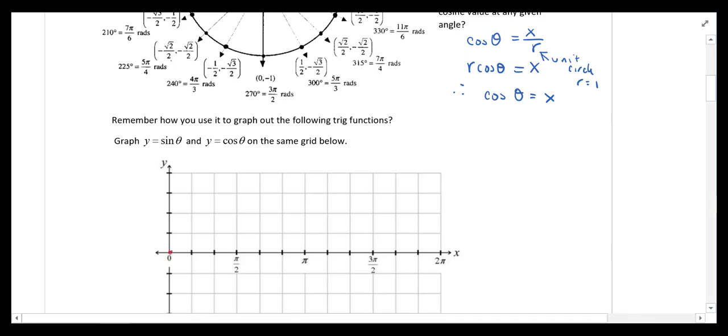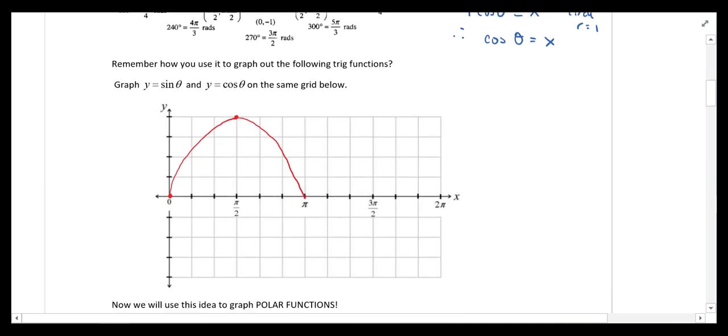If I were to plot those, here we go. Pi over 2, and then we add 1/2, like you get this. And then hopefully you'll see that it comes back down to pi, and then all the way to -1 at 3 pi over 2, and then back to 2 pi. Once again, I should label these as my scale. Red is y equals sine theta.